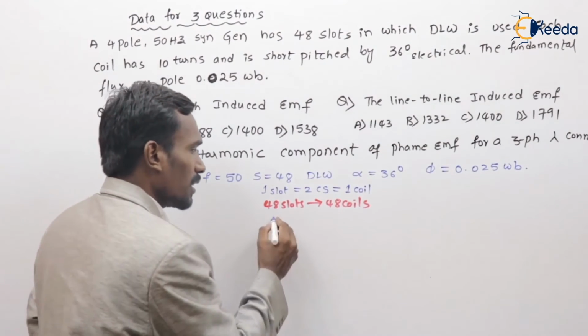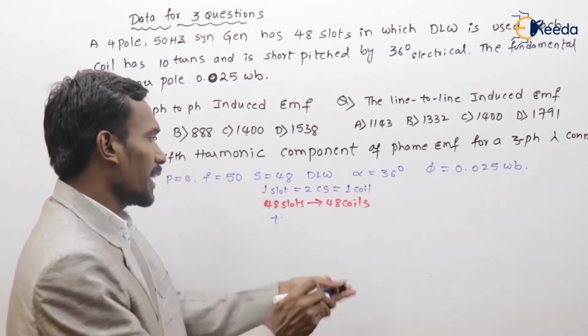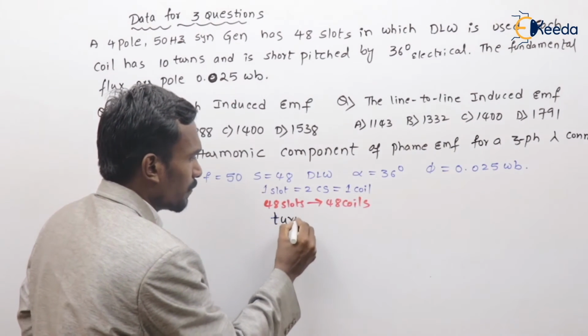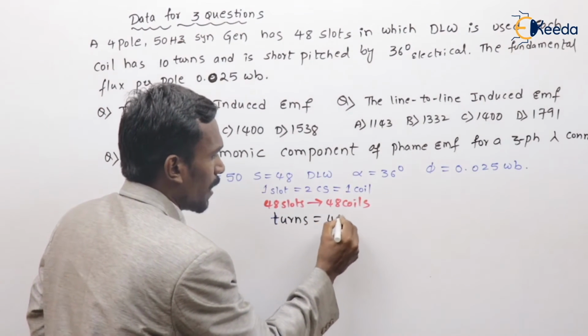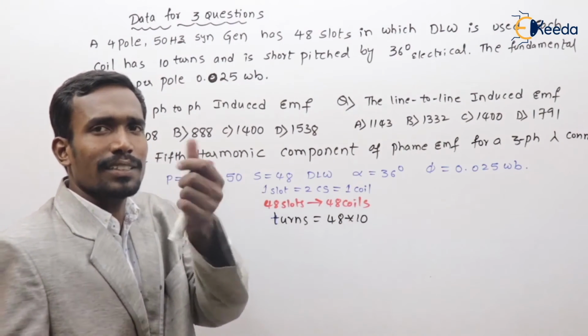The number of turns is 48 coils multiplied by 10 turns each.